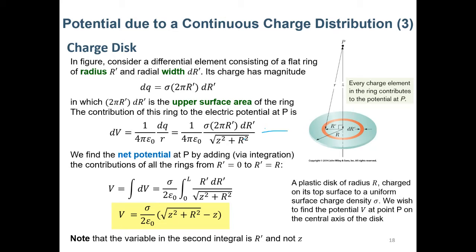So this is dV. We find the net potential at P by adding, or more precisely integrating, all the dV from 0 to R.